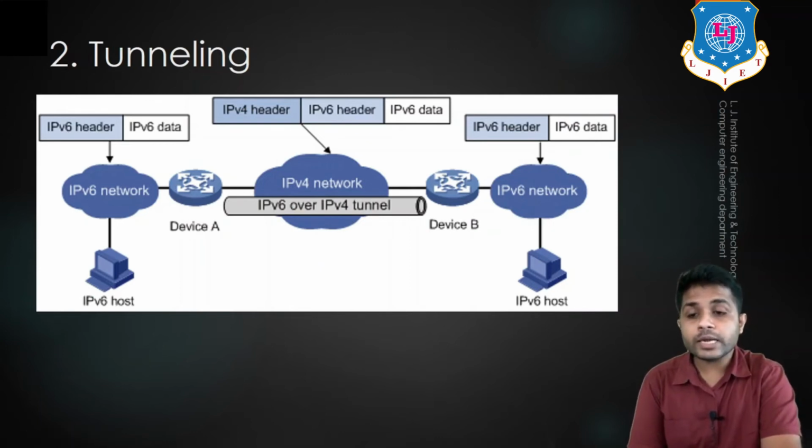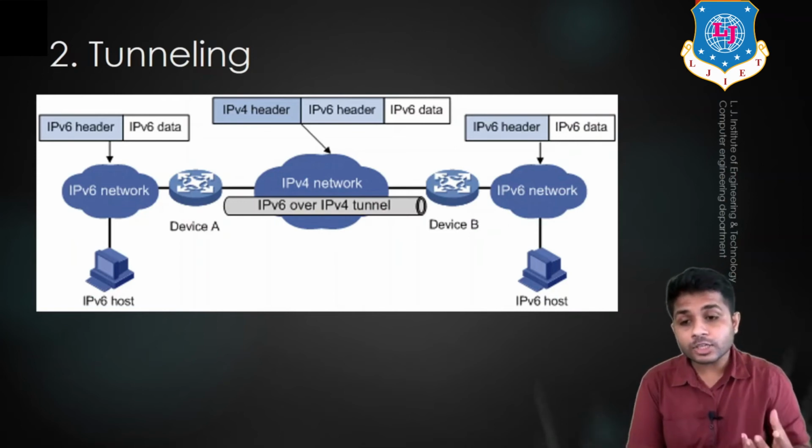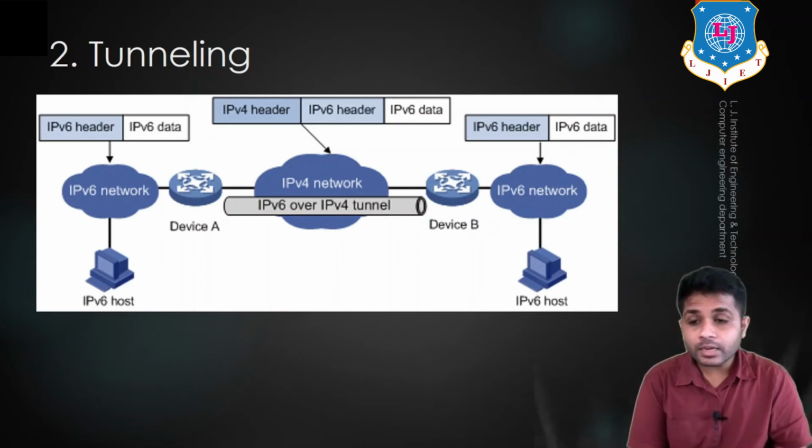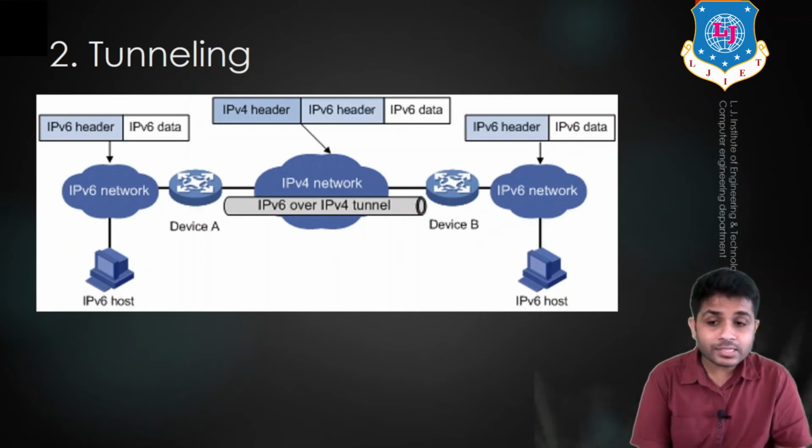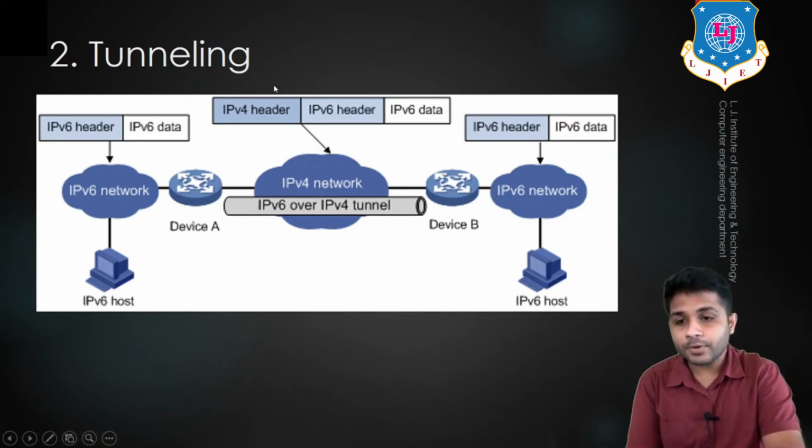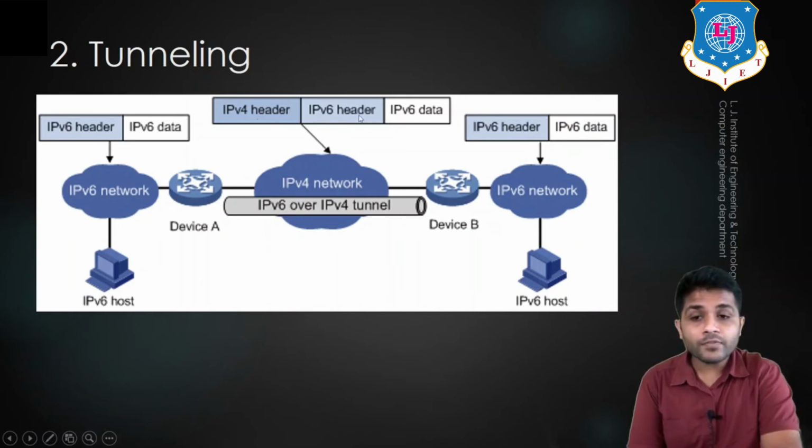They won't be able to decide to which router the packet should be forwarded, because all the routing decisions are made by checking the IP address. Because these routers can only understand the IPv4 address, not the IPv6 address, the packet will not get delivered easily. So to solve that problem, we will add an extra IPv4 header. You can see that apart from the IPv6 header, we are adding the IPv4 header at device A, so it can be easily forwarded to the destination.